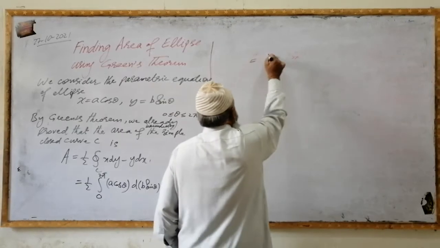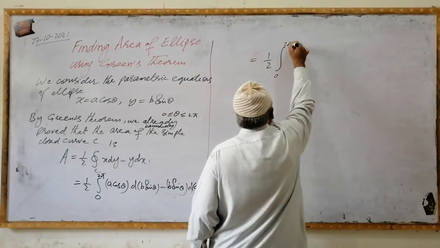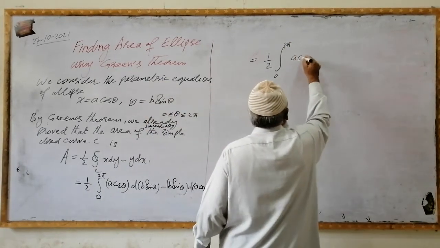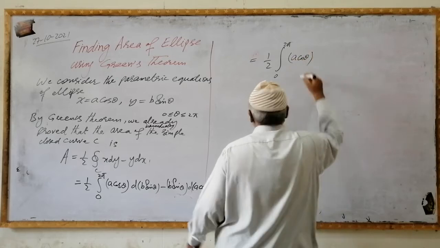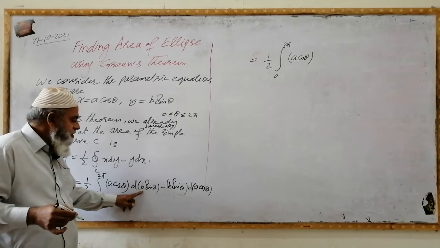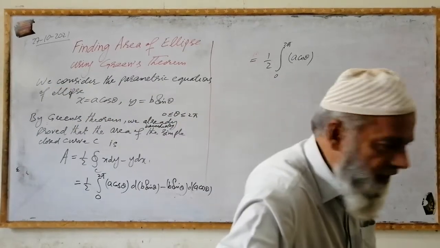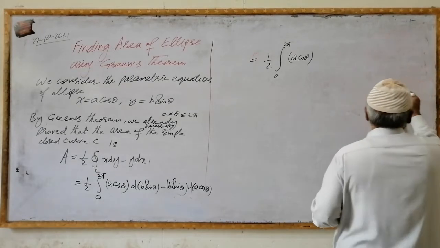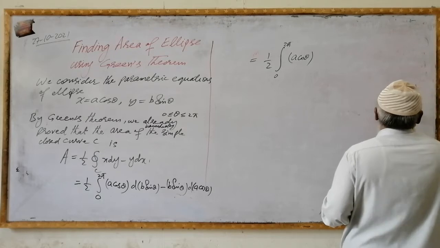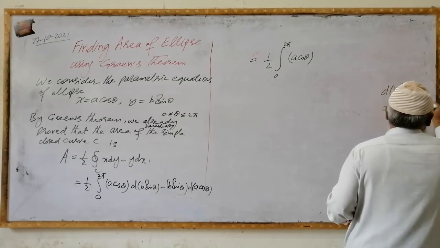Now completing this, 1 by 2, 0 to 2 pi, a cos theta, and here when we take the differential of b sin theta, b is constant, and you have to take the differential of sin theta.